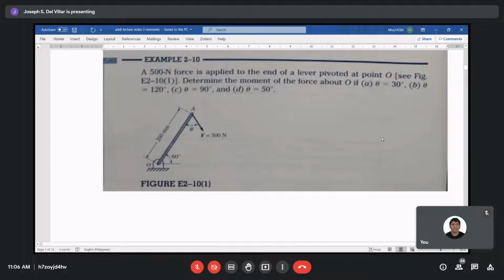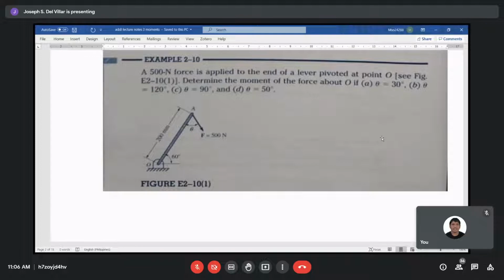So A and D are both acute angles, so less than 90. Letter B is an obtuse angle, 120. And letter C is a right angle. Now remember that moment can only be computed if the line of action of the force is perpendicular to the distance.